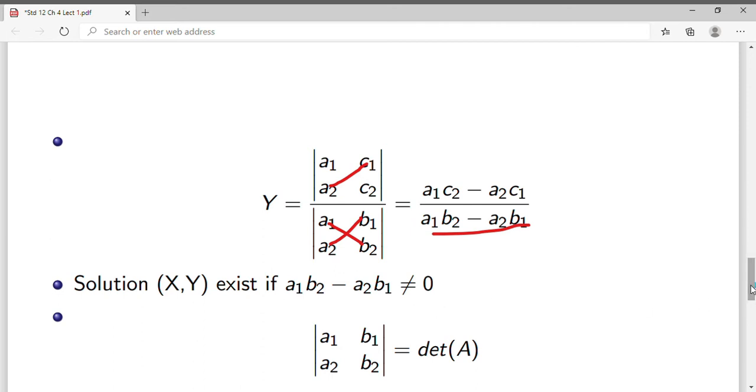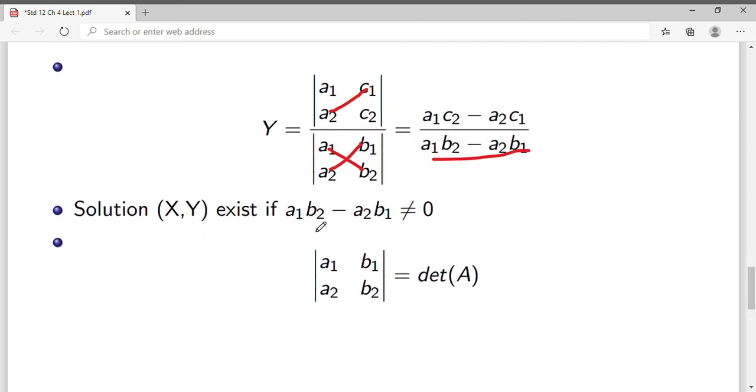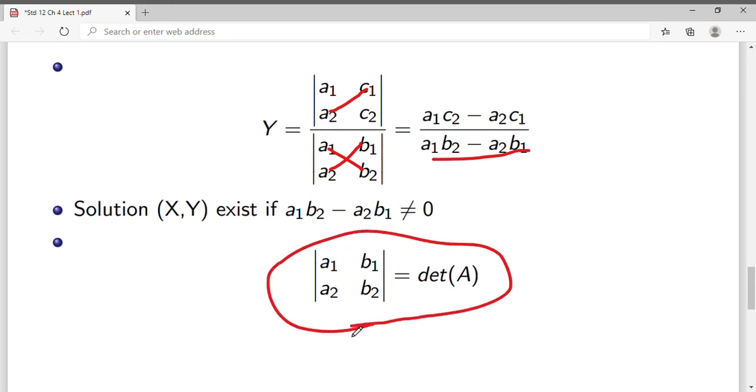This is nothing but the determinant of the matrix a1 b1 a2 b2, and it is denoted by determinant of A. So ultimately, the determinant of A is some real number.